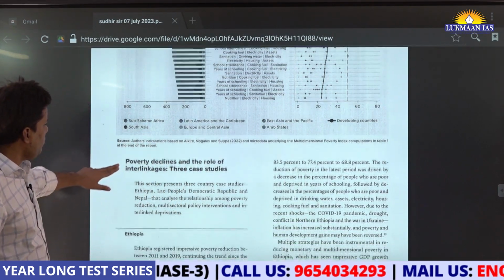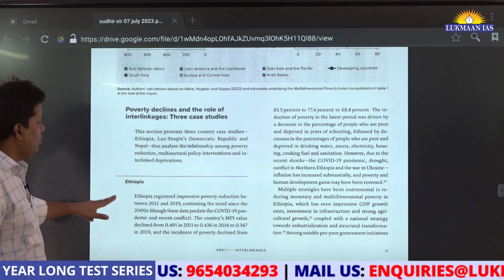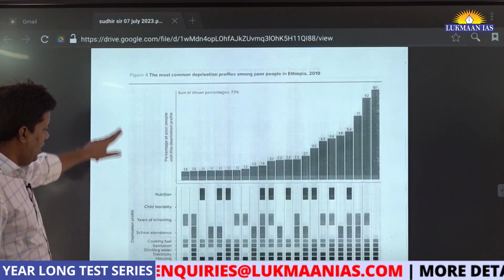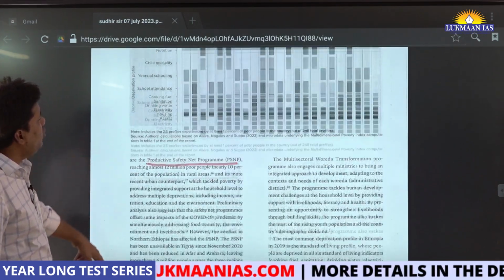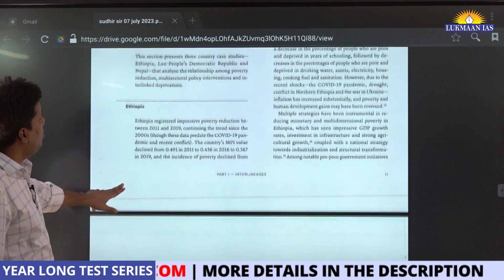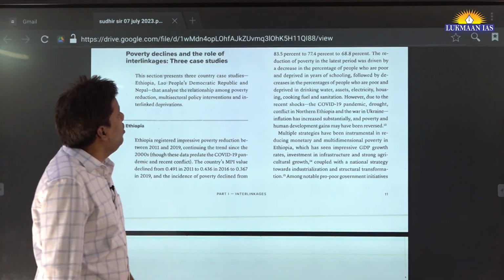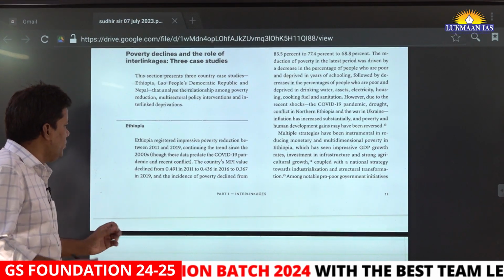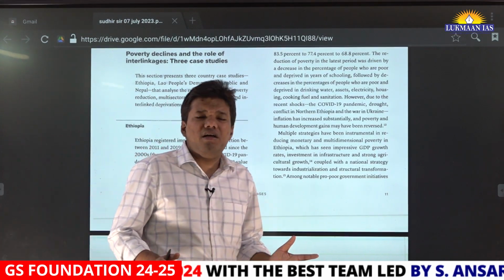Okay. Then they have discussed 3 case studies, of Ethiopia and Nepal and others. In the Ethiopia case they talk about deprivation. See, what is the important observation in the last 1 decade?